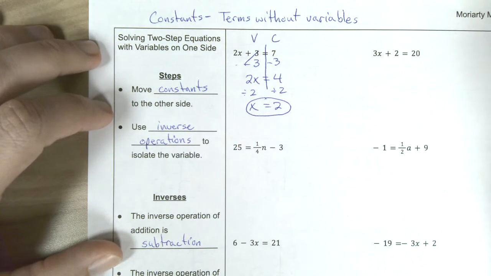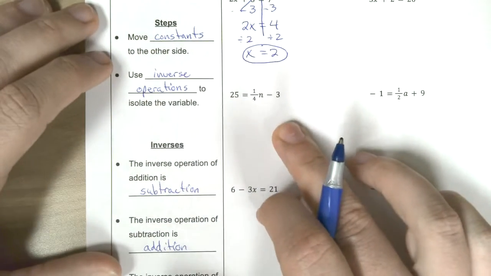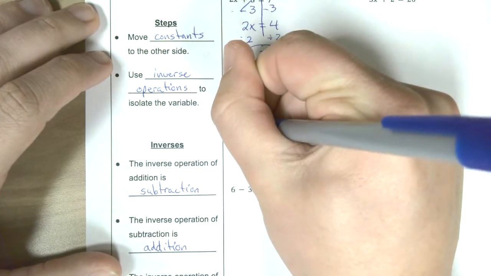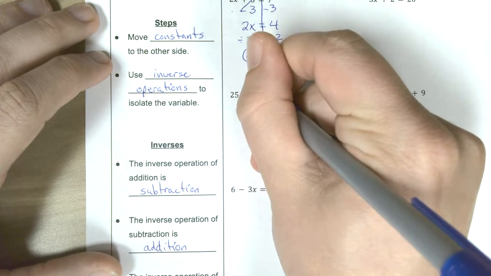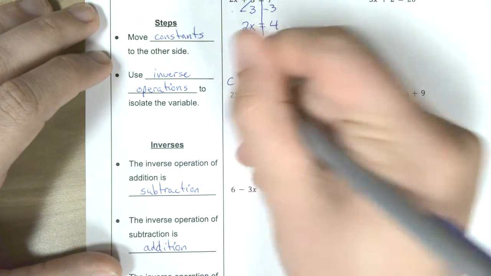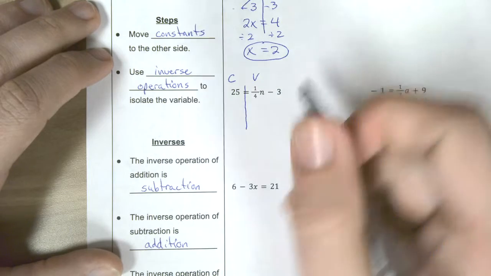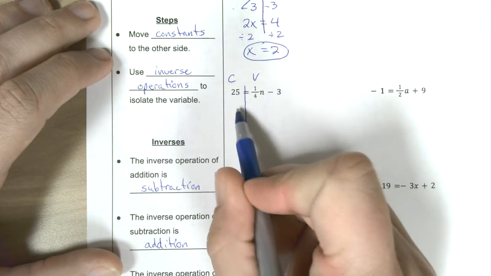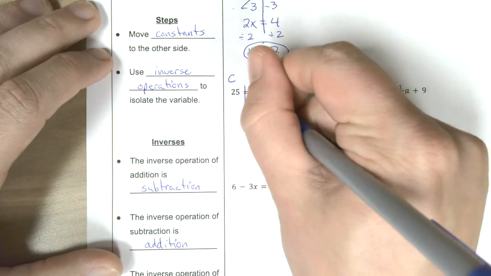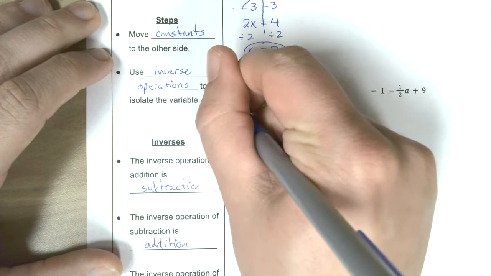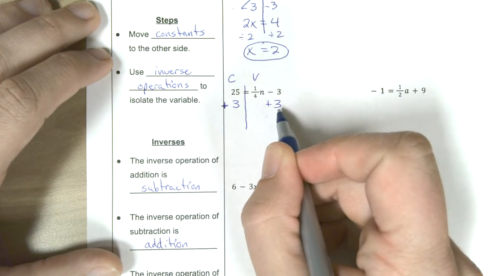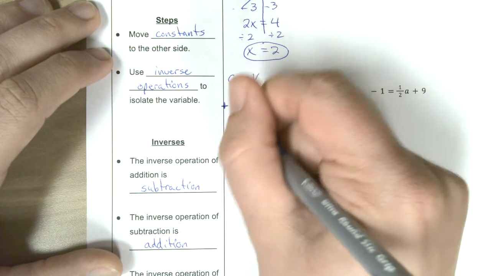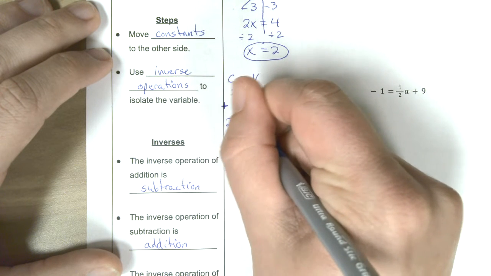Okay, I'm going to do the one underneath here. Again, your variables are on the right side. So this is the variable side, this is the constant side. We need to move this constant to the other side. I'm going to add 3 because it's being subtracted, so I'm going to add 3 on both sides. 25 plus 3 is 28.